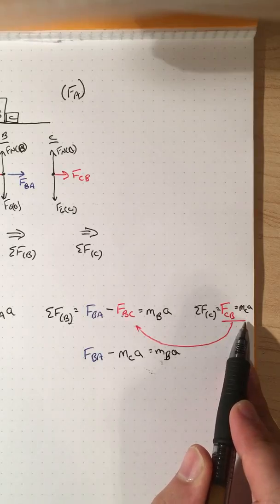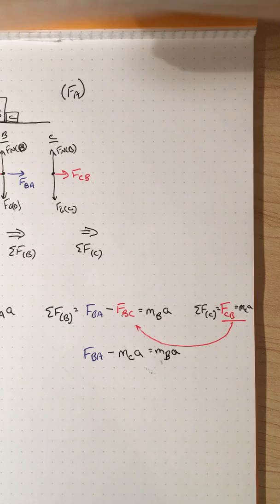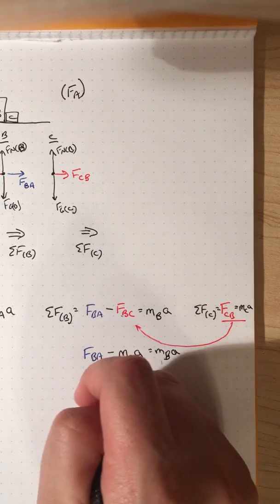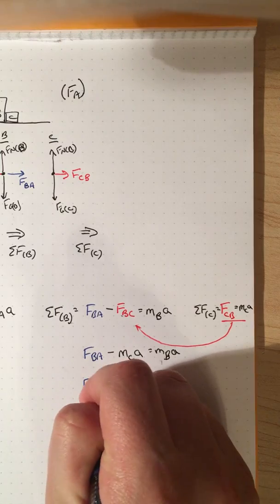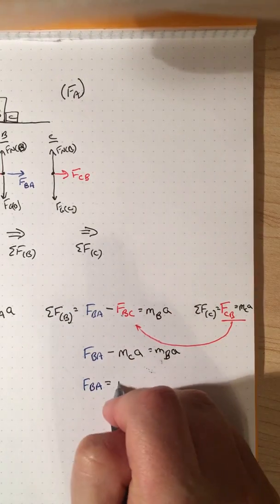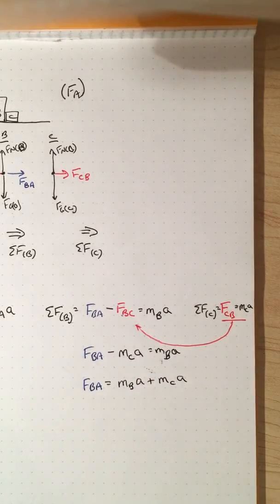I've just plugged the expression in for that. And then I'm just going to rearrange it a little bit. So I can say that FBA equals, if I add an MCA to both sides, MBA plus MCA.